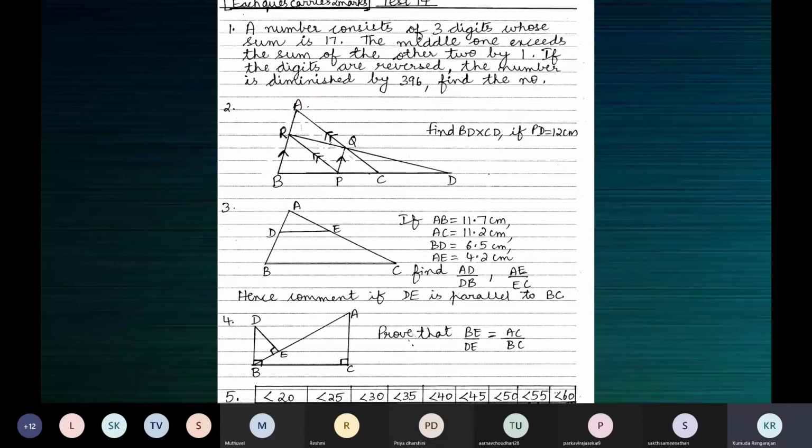A number consists of 3 digits whose sum is 17. The middle one exceeds the sum of the other two by 1. If the digits are reversed, the number is diminished by 396. Find the number.